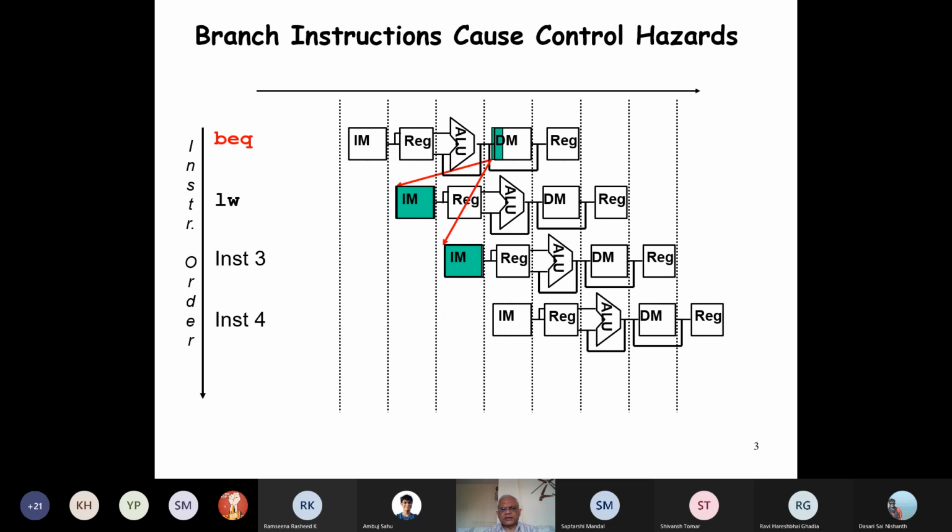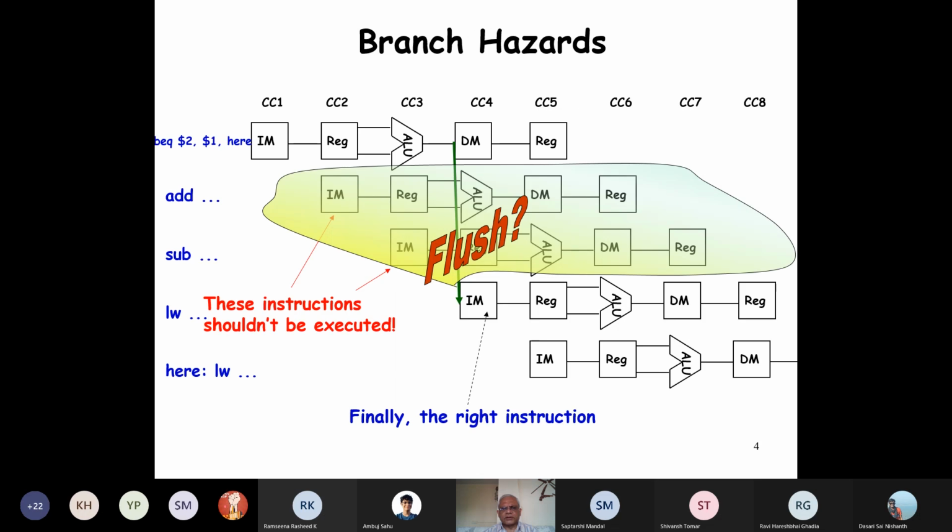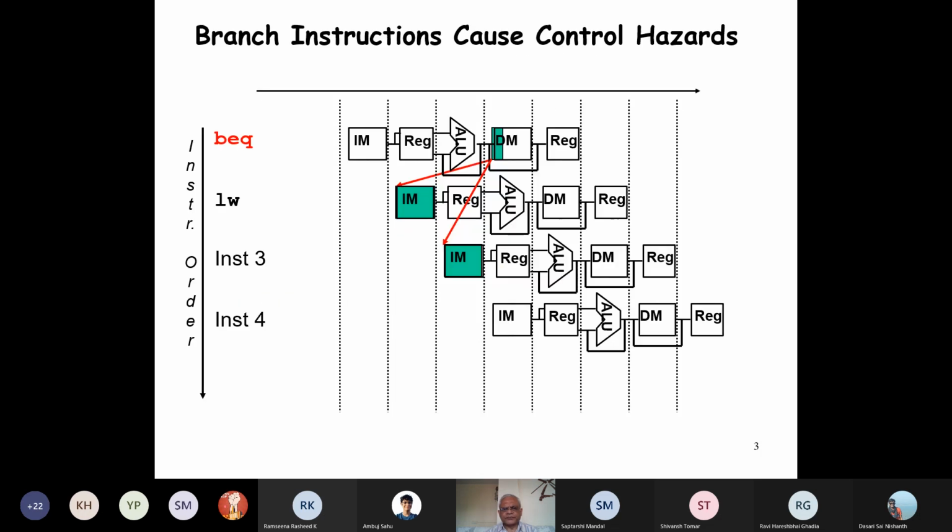And even the next instruction would have been fetched. So the load word would have been in the register decode stage, the instruction decode, operand fetch stage. Instruction 3 would have been fetched, but for instruction 4, we would be okay.